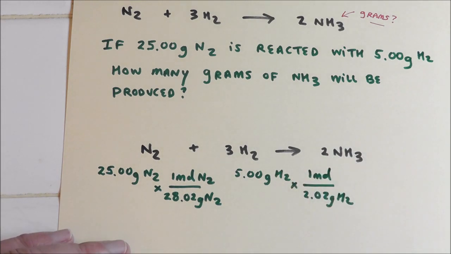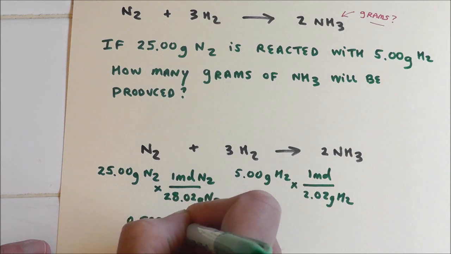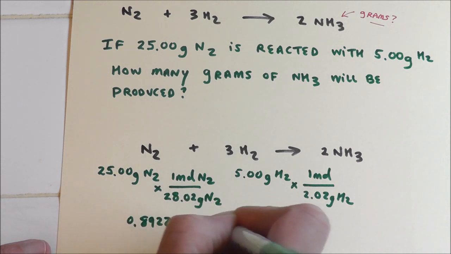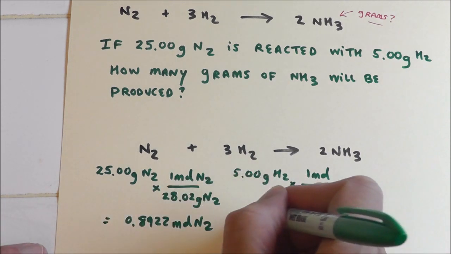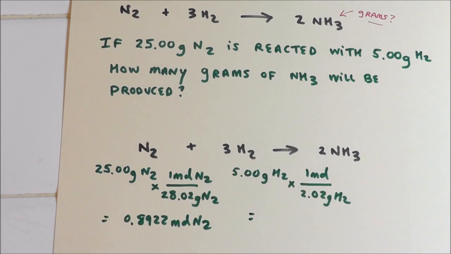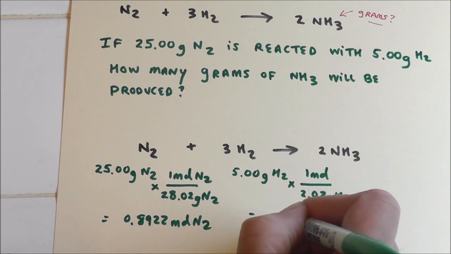So let's first convert those 2 numbers to moles. 25 divided by 28.02 is going to be 0.8922 moles of N2. 5 divided by 2.02 is 2.475 moles of H2.